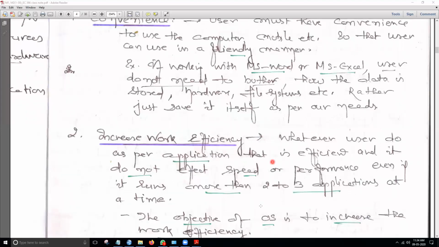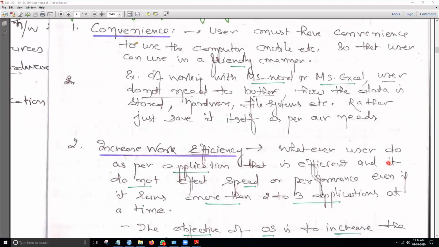That means you are running Word, then music, or some Excel at the same time, and still the operating system is able to work. And convenience means it can run any form of user program compatible at the system level. If it exists, it can run it in a convenient manner.